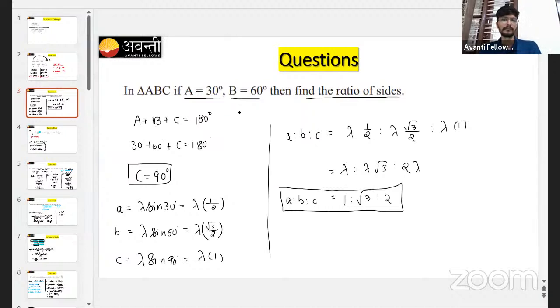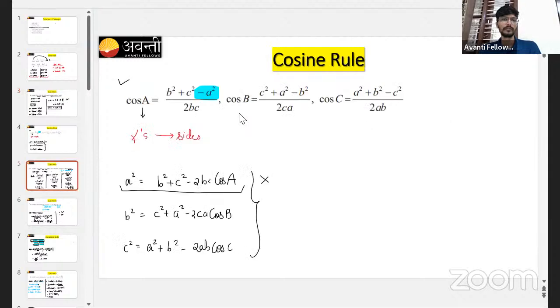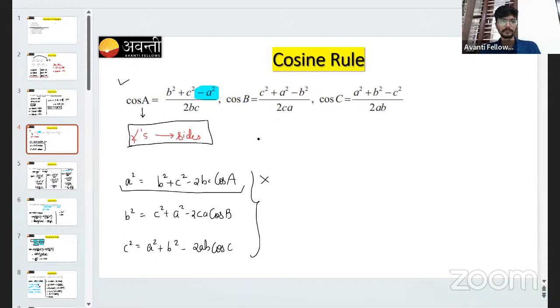After this, we saw the cosine rule. What was cosine rule? Angles to sides. This form we rarely use. As you can see, we have never used this form in any of the questions.